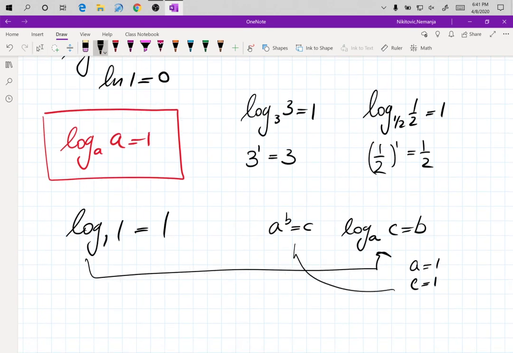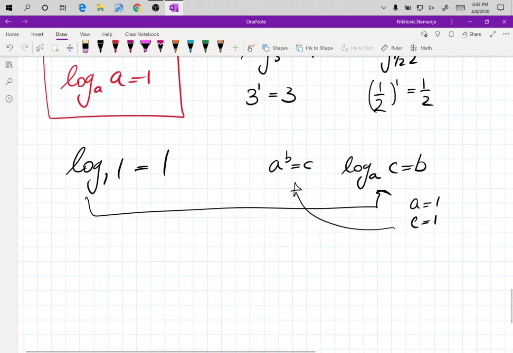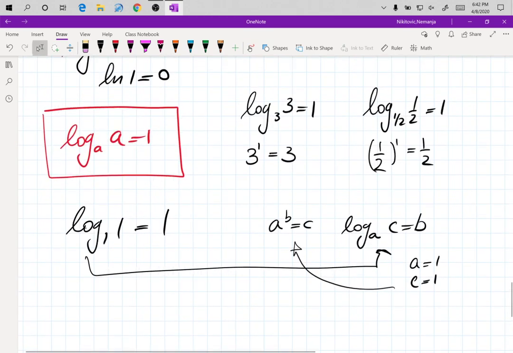And now you can plug those in there, and you get that 1 to some power b is equal to 1. So that b better be 1 because 1 to the 1 is 1. But it's also 2 and 3 and 4, right? But, you know. So, interesting questions, guys. Nice. But by this formula, it's 1.